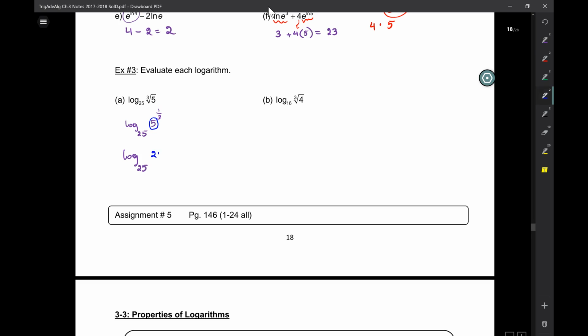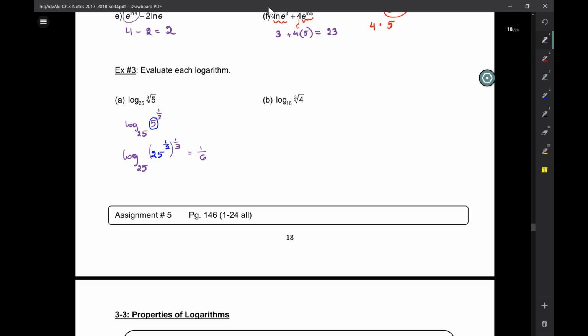It's 25 to the power of what gives you 5? 1/2. Times 1/3. So now the answer is 1/6. Okay? All right.